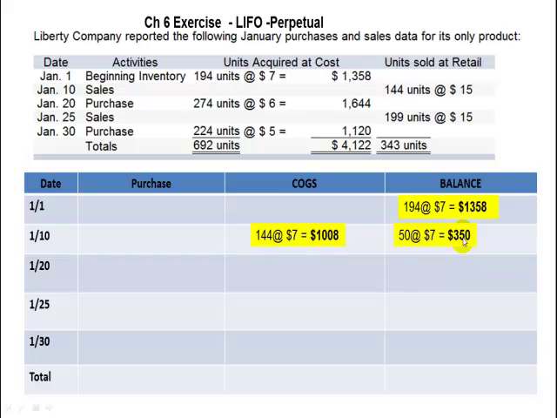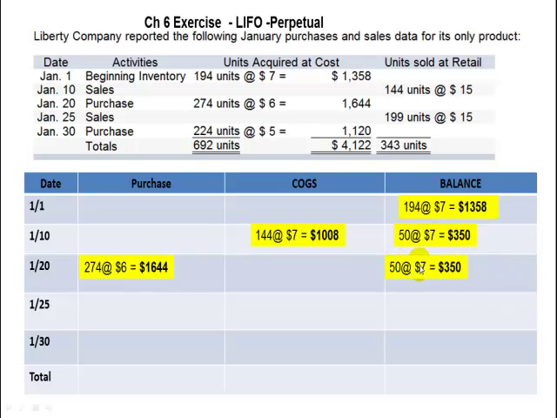Next, on the 20th, we purchased 274 units at $6 a piece, which is $1,644. We didn't sell any on the 20th, and so our balance on the 20th will be, we'll bring down the 50 units that we had from the 10th.